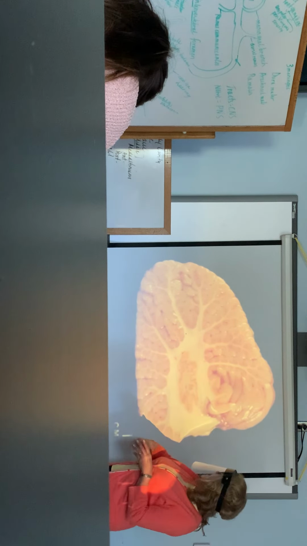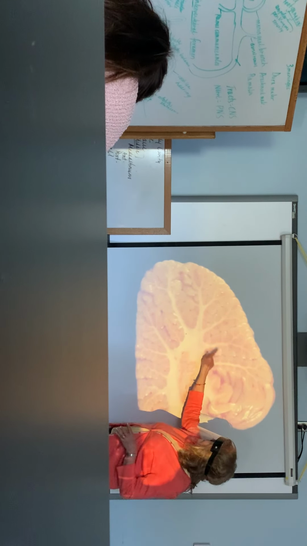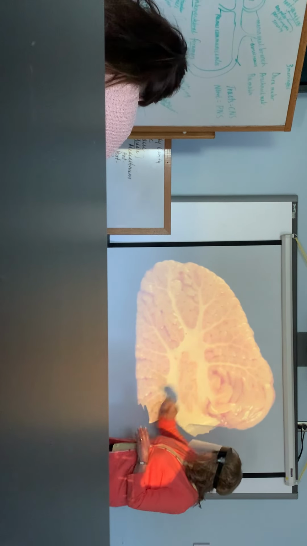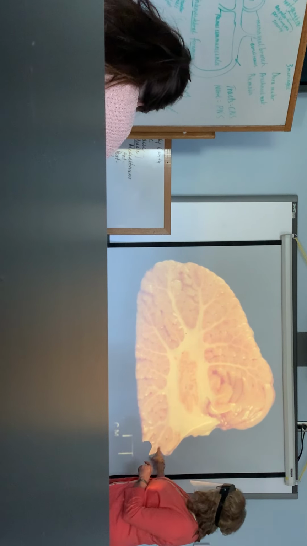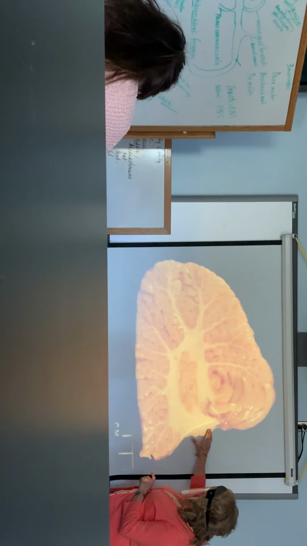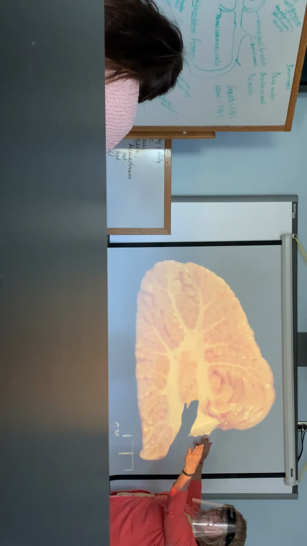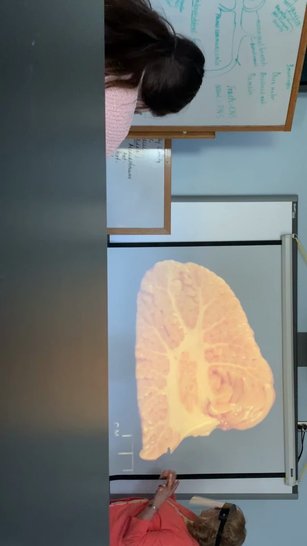The pattern looks like a tree, so they called it the tree of life. And here you can see the beautiful invaginations of the folia of the cerebellum itself, all right? And then what would be this mass of stuff right here coming out? Caroline, you said before. The peduncles, that's right.